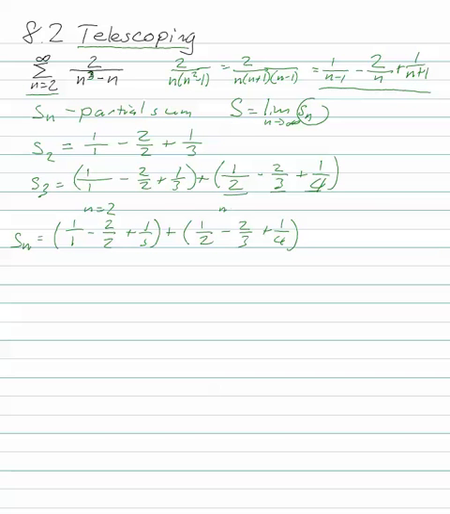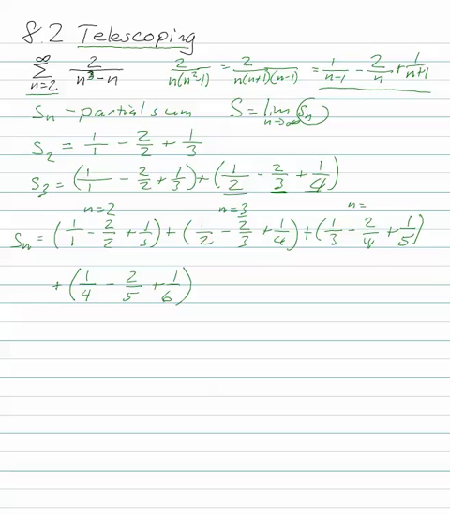So that was when n equaled 3. So the n always matches the middle term. Plus, when n equals 4, we get 1 over 3 minus 2 over 4 plus 1 over 5. Keep going. Plus 1 over 4 minus 2 over 5 plus 1 over 6.